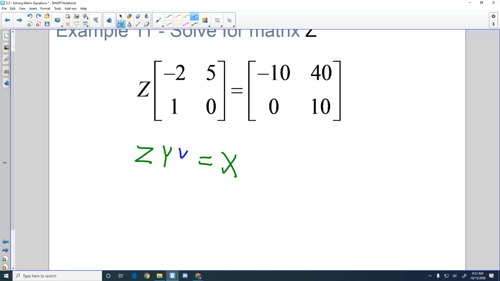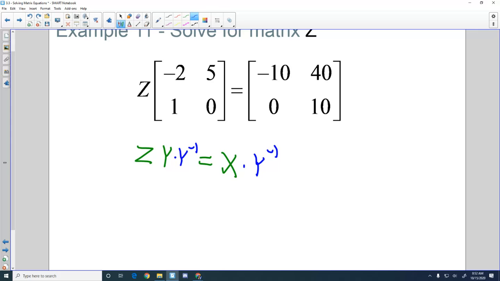Because Y times Y inverse will cancel out and leave me with just matrix Z by itself, right? When I multiply these two. But if I multiply the left side by Y inverse, guess what? The right side, right? You always do that same operation. So X needs to be multiplied by Y inverse, okay?